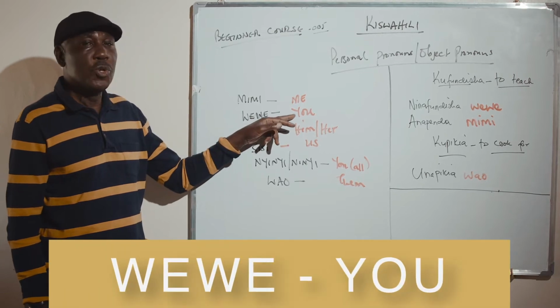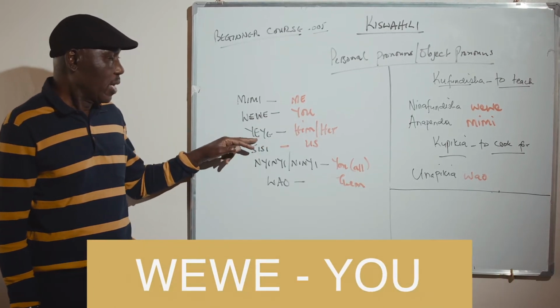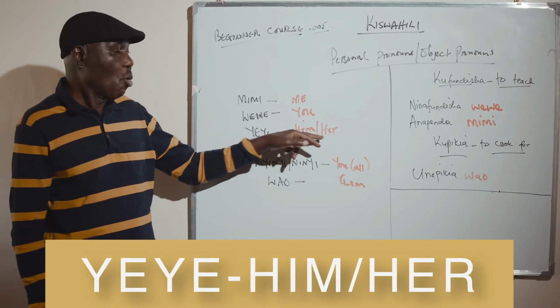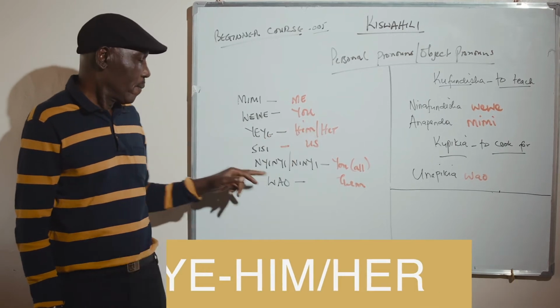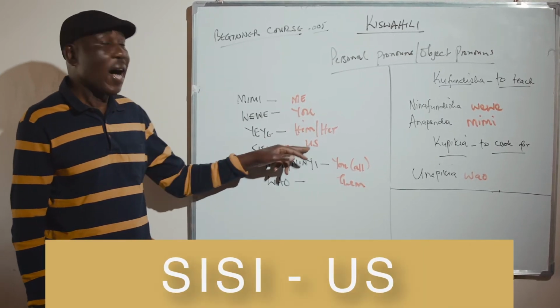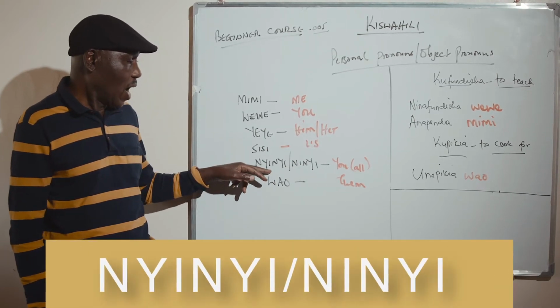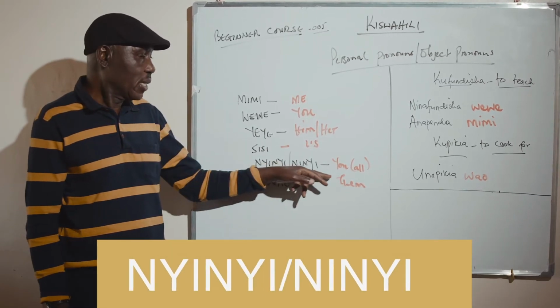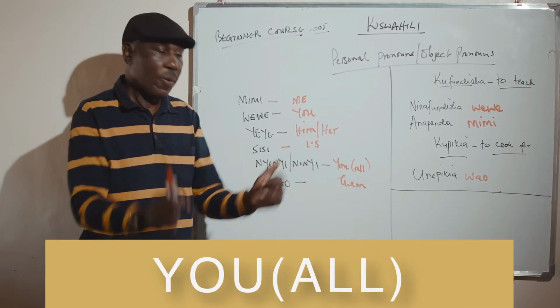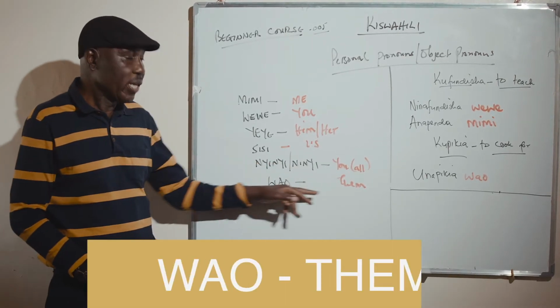Wewe is you. Yeye is him or her. Sisi is us. And then nyinyi or ninyi is you all, like you plural. Then wao is them.